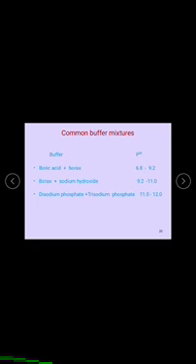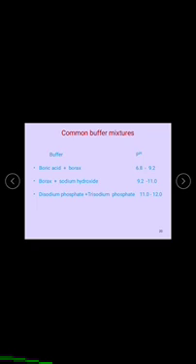That is borax plus sodium hydroxide, boric acid plus borax, disodium phosphate plus trisodium phosphate, or ammonium hydroxide plus ammonium chloride, ammonium hydroxide plus ammonium nitrate.